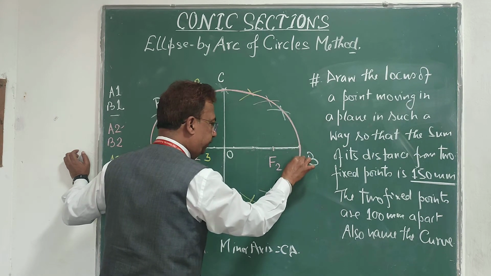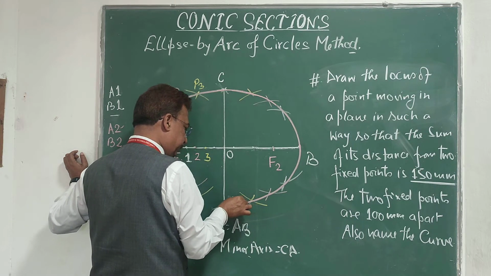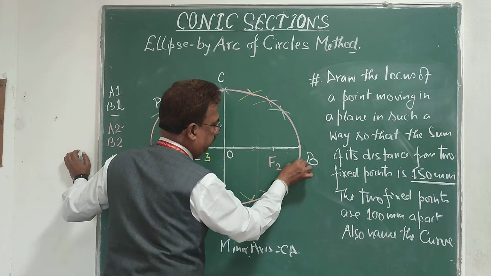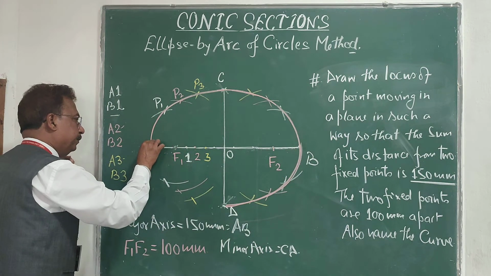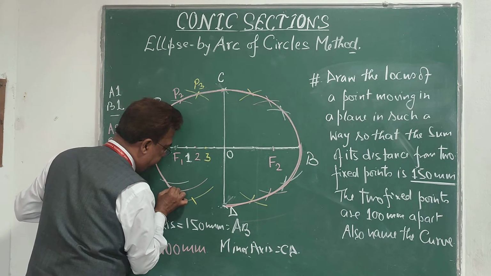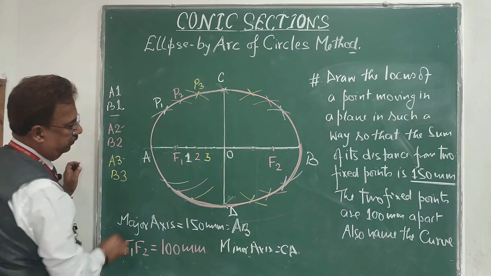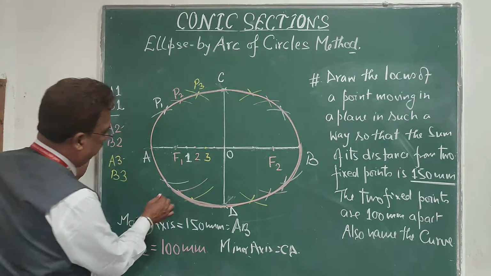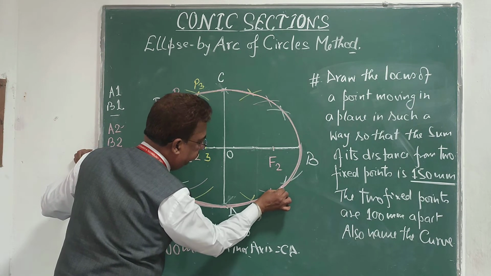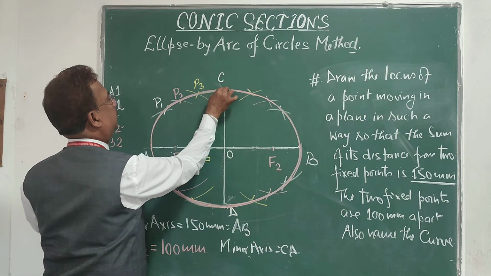Now downside. So this is the required elliptical curve. Join it with the help of a smooth curve.